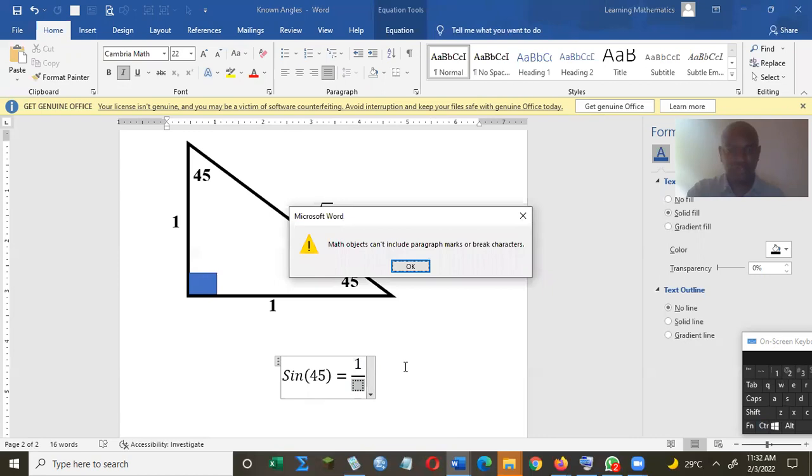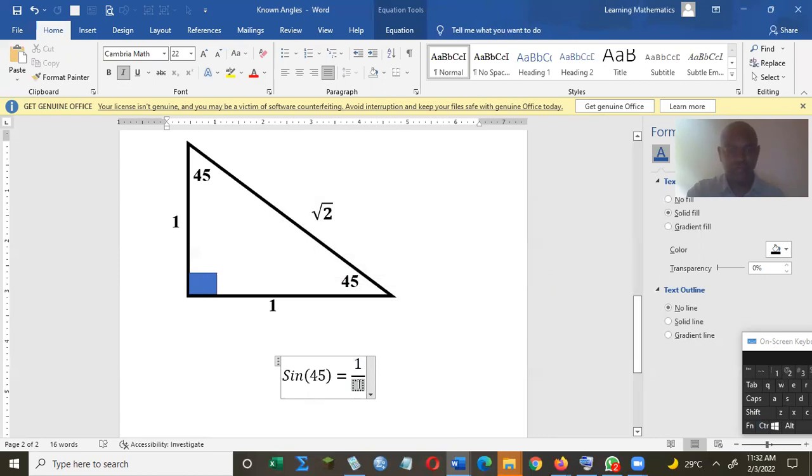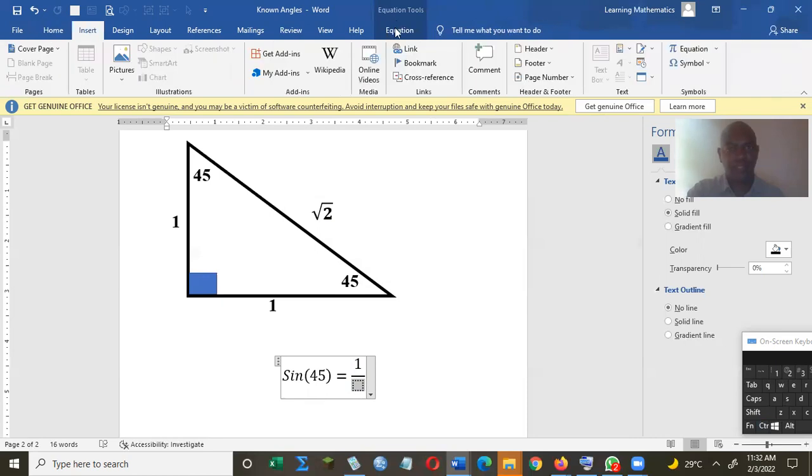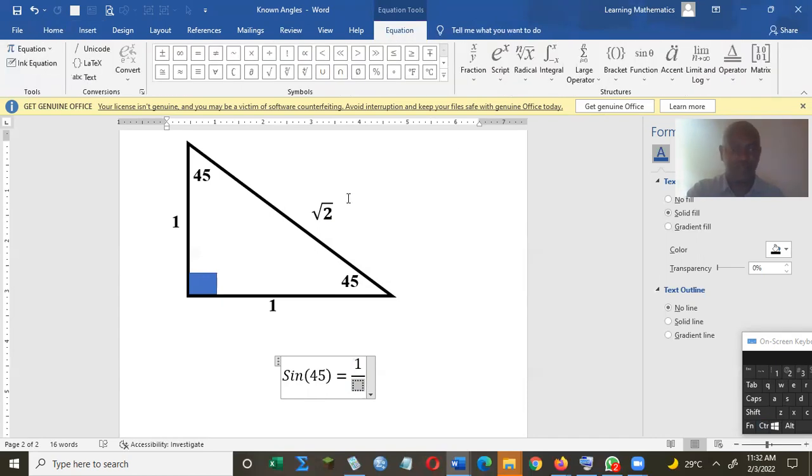So therefore the hypotenuse will be root 2. So sine and cosine of 45 degrees is 1 over root 2. Tan of 45 degrees is 1. Yes. So you can deduce the rest.